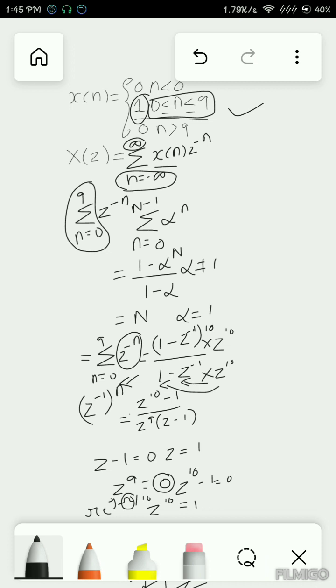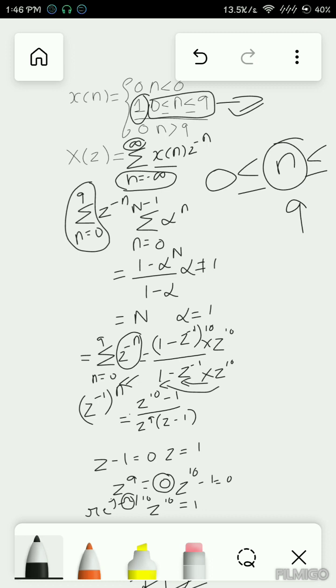You can see that in this question only this one gets satisfied because all others are 0. For 1 the condition is 0 less than or equal to n less than or equal to 9, so your n is ranging from 0 to 9.